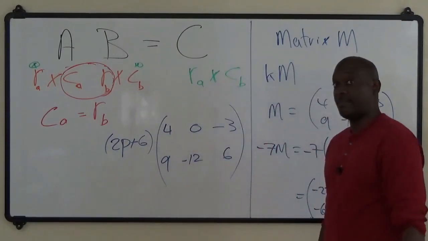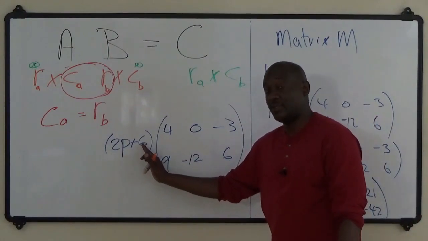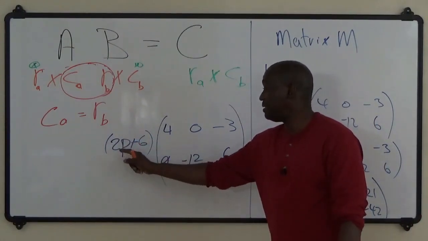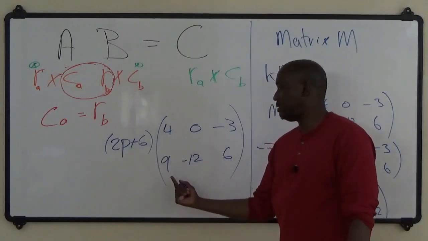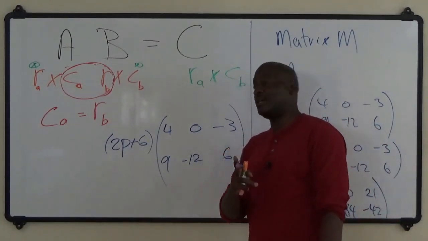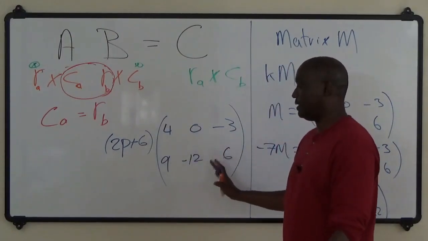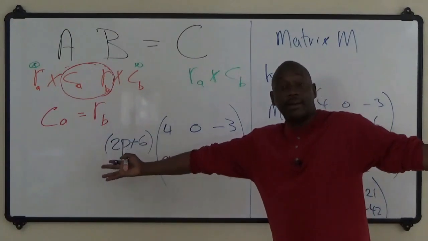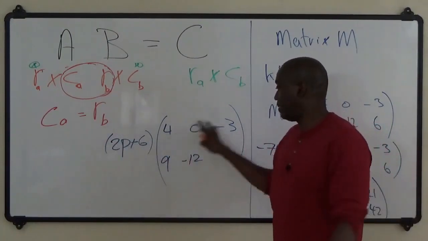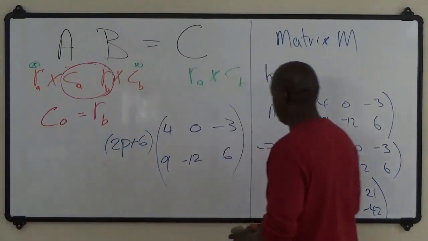You could get that, where the whole of 2p plus 6 is the scalar. So in other words, don't even think about expanding this. Actually, strangely enough, you could do that. So you get 2p multiplied by all of this, plus 6 multiplied by all of that. You could have a situation like that, right? I'm not going to dabble in that any further. I'm just showing you the kind of thing you could get.